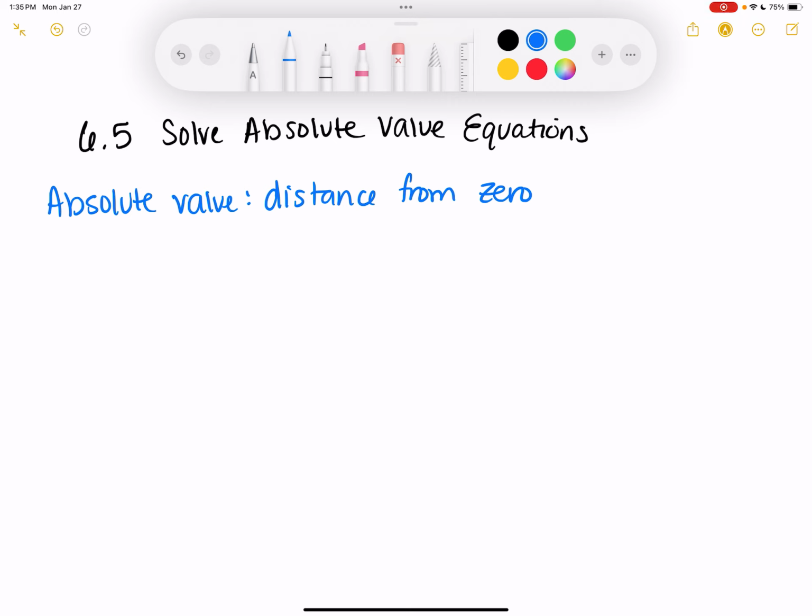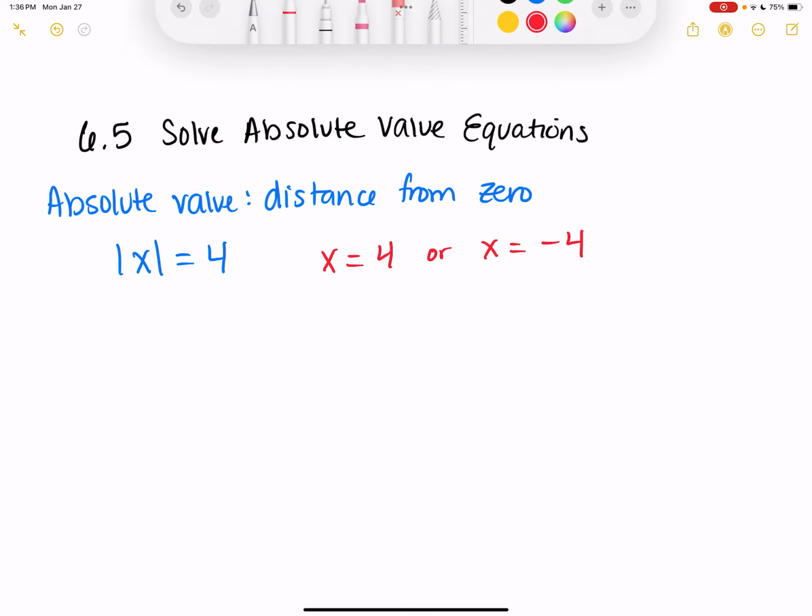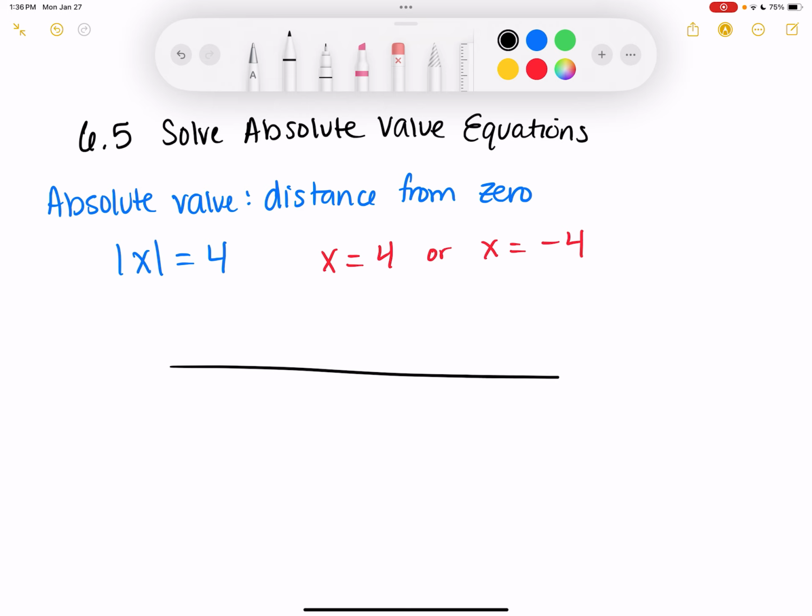So if we had something like the absolute value of x is equal to 4, that means that x can be equal to 4, or x can be equal to negative 4. It's like how far it is from 0.